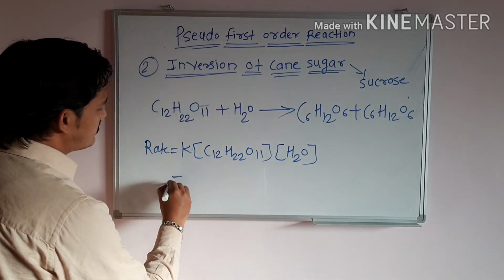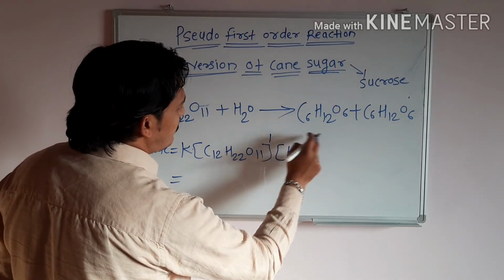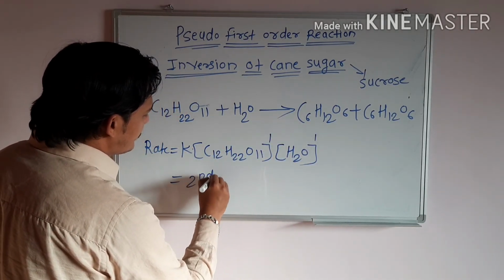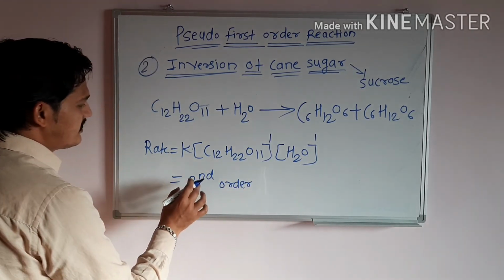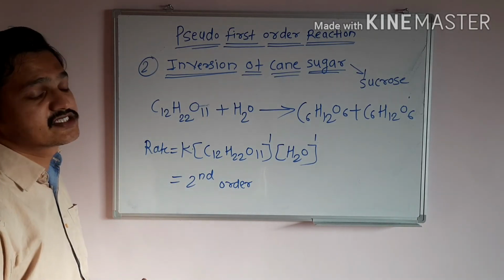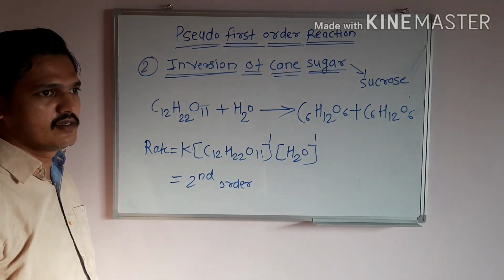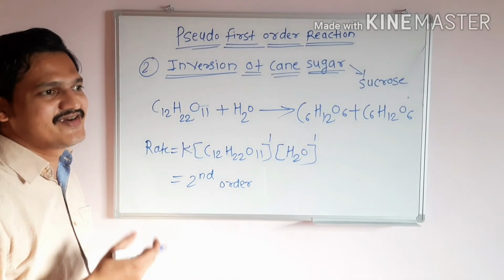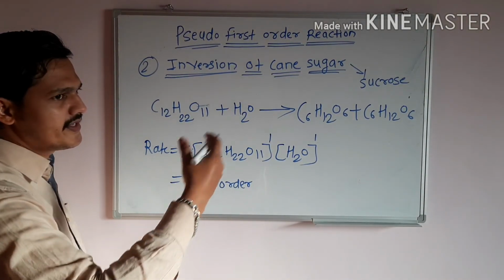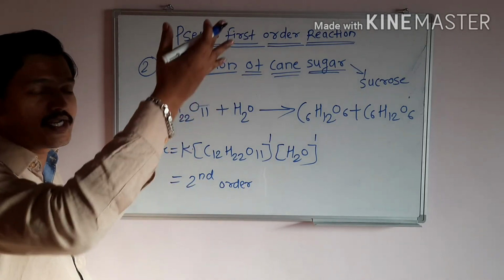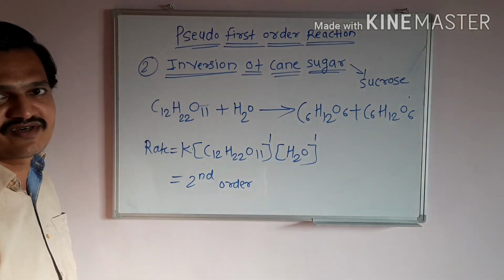So this reaction also has higher order kinetics because of the sum of powers of concentration of reactants. It is second order. This reaction is expected to have second order kinetics but behaves as first order. Some reactions seem to be higher order but in reality they are not; in reality they are first order. That is called a pseudo first order reaction.